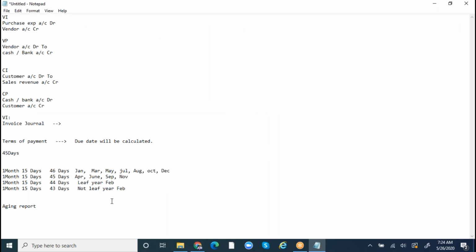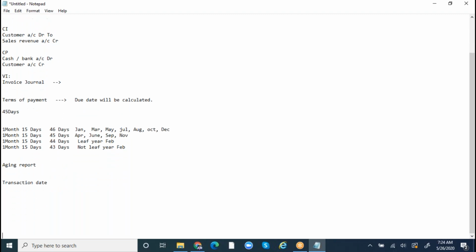So there are always 3 dates: transaction date, invoice date or document date, both the same here, and then due date.